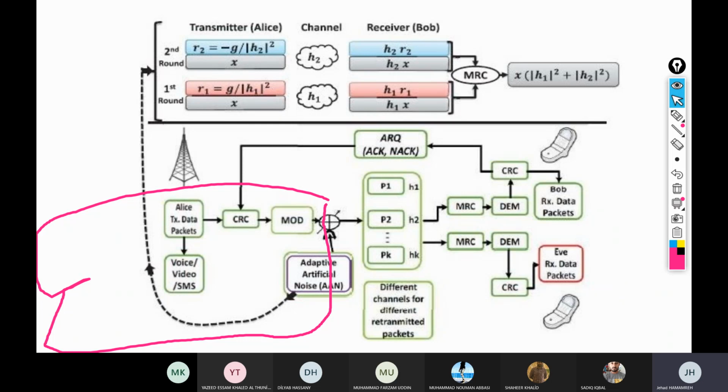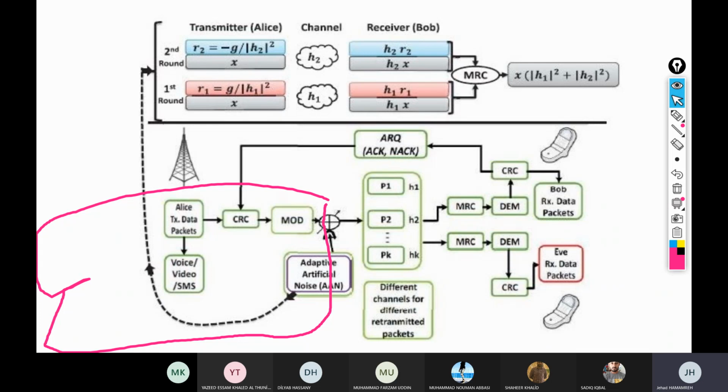Now, since you add kind of randomness to your data packet, the receiver will not be able to decode the packet from the first round. Therefore, he will request another packet to be resent again so that he can improve the signal to noise ratio at his side. Now, while we send the other packet, which is this, I can highlight it for you.